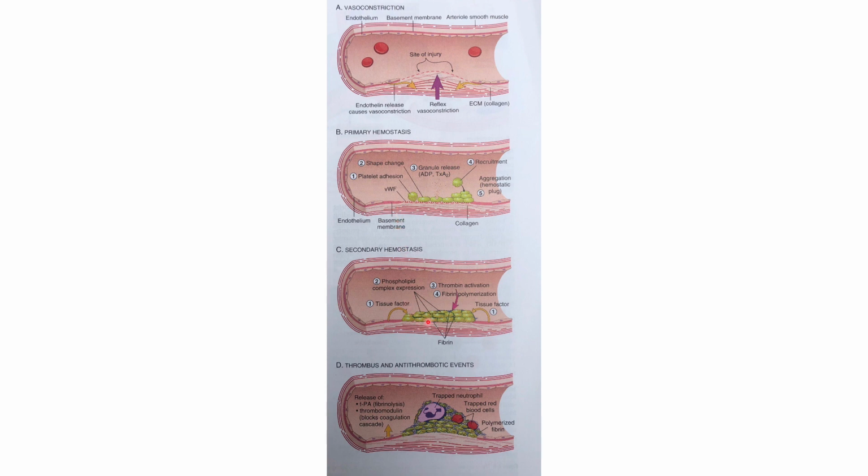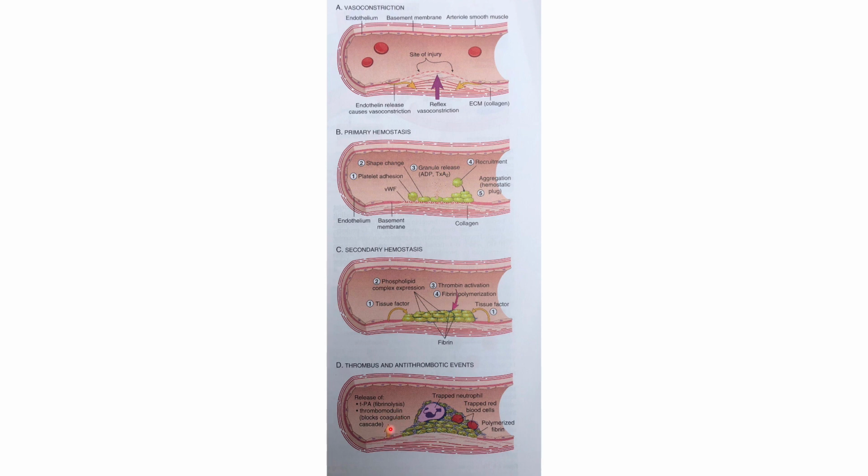There's secondary hemostasis where you get recruitment. There are tissue factors that are added in. There is a phospholipid complex expression, thrombin activation, and with the aggregation of these forms right here, release of then finally thrombosis and antithrombotic events.